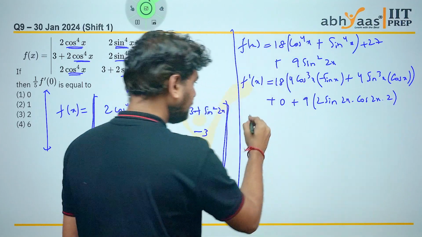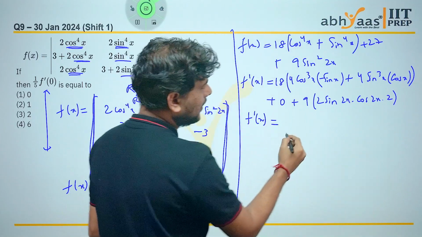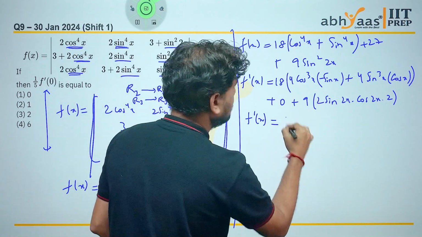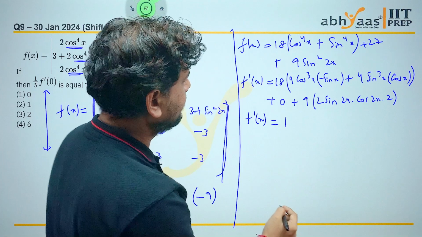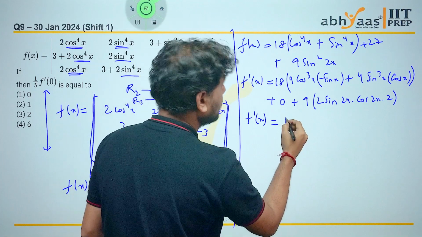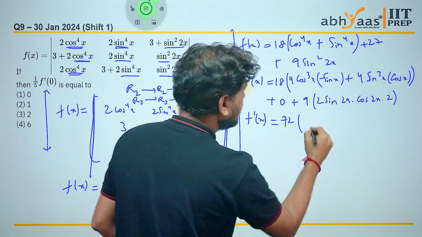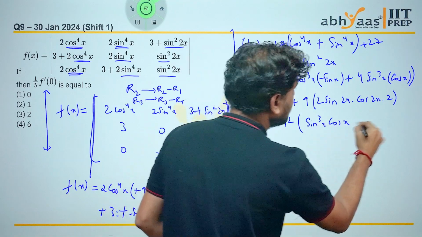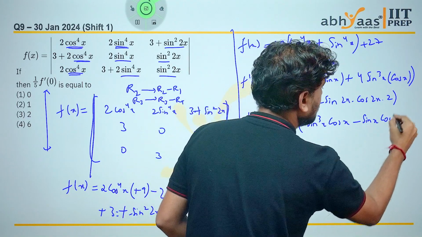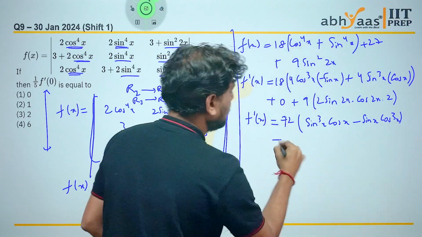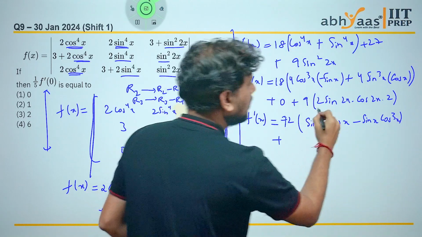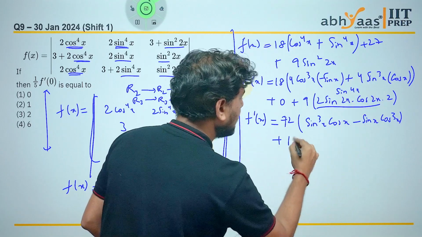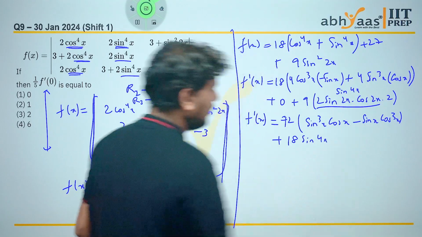Okay, so f dash of x will be, okay, 18 into 4, 36, 72. 72 sin cube x cos x minus sin x cos cube x plus 9 into 2, 18. We can write this as sin 4x. So 18 sin 4x. Okay.